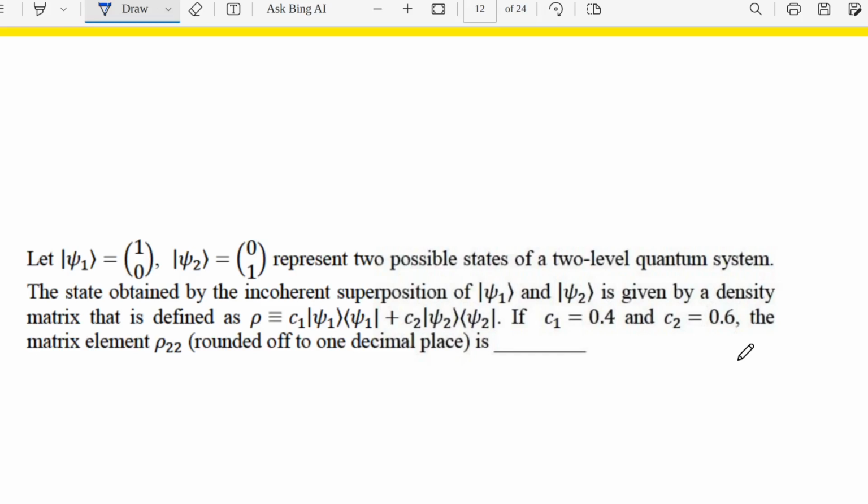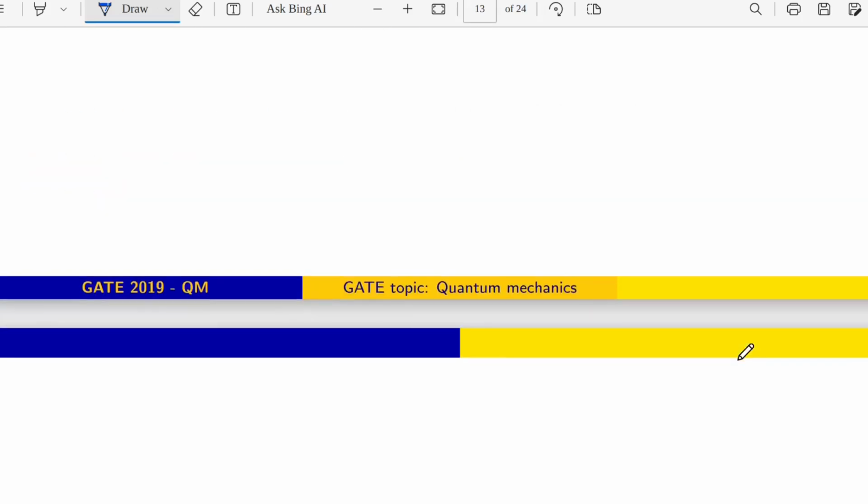If C1 is 0.4 and C2 is 0.6, the matrix element rho 2, rounded off to one decimal place, is what? They are asking what will be the value of the matrix element rho 2. Okay, so this is the question.